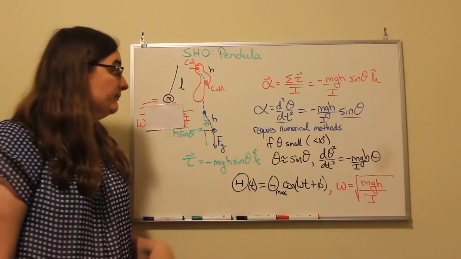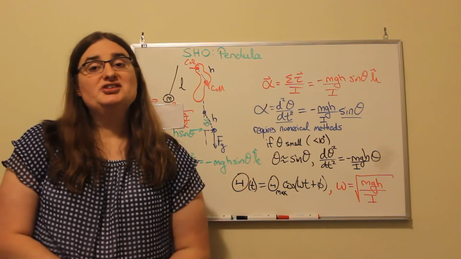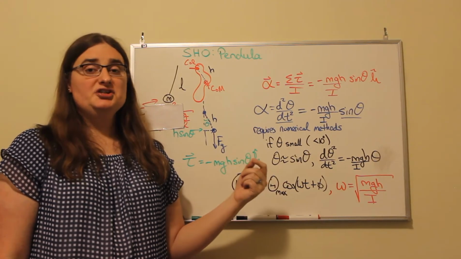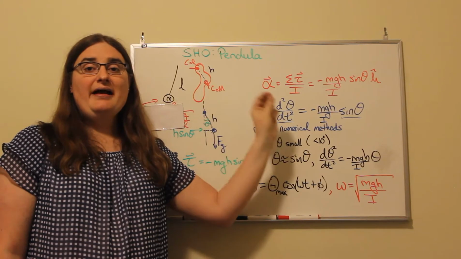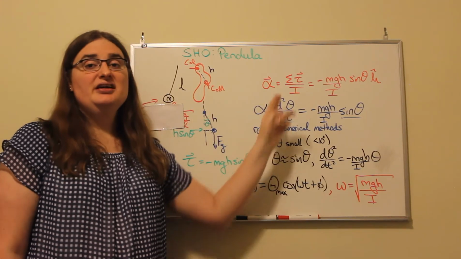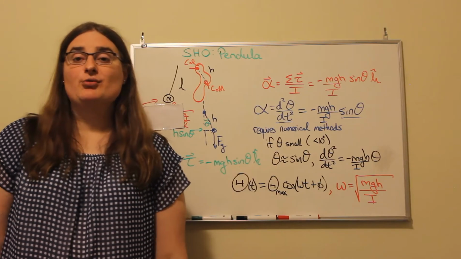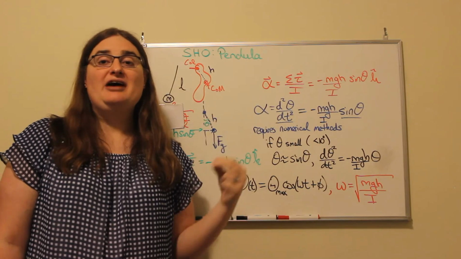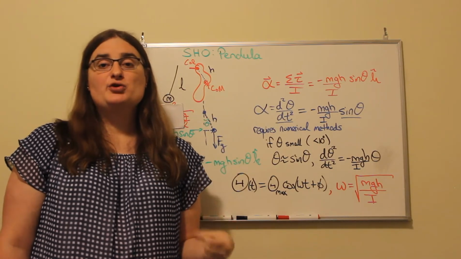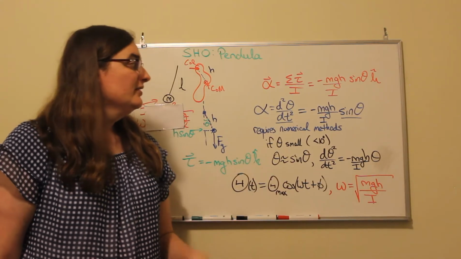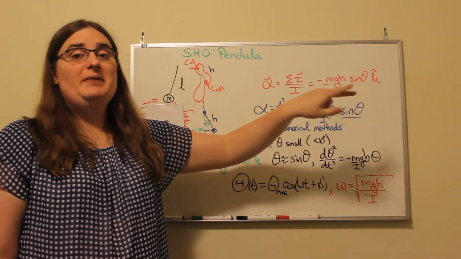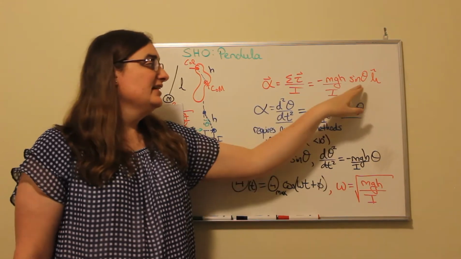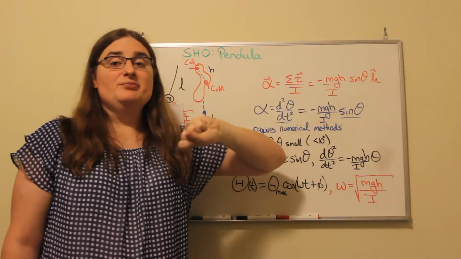Looking at Newton's second law for rotational motion, if I'm dealing with torques, I need to deal with moments of inertia, and the angular acceleration alpha is equal to the sum of the torques divided by the rotational inertia of our object, calculated around the center of rotation. So the torque is minus mass times gravity times the distance h between the center of rotation and the center of mass times the sine of theta, divided by the moment of inertia.